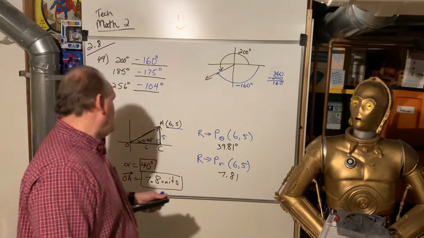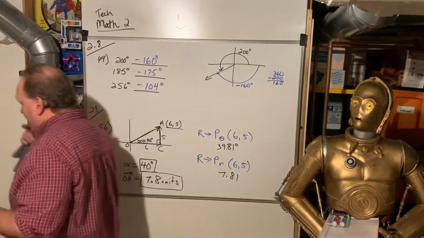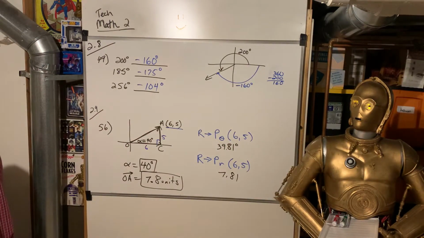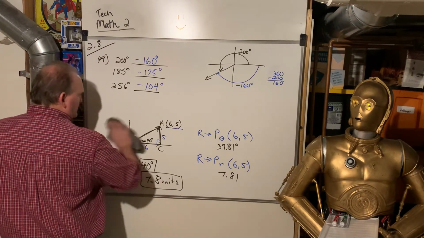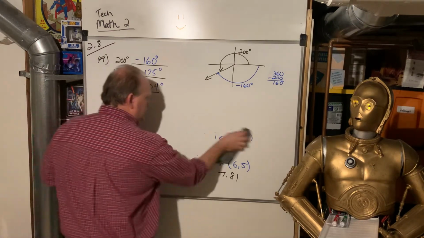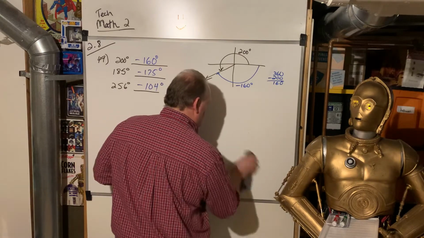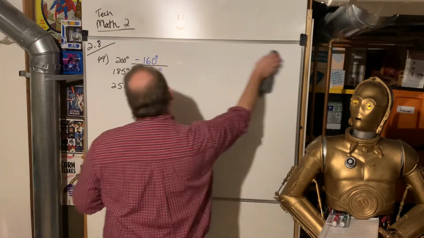All right, cool. Let's do one last problem on 2.10. Vectors on the axis. Okay, so look at 68. It's a quadrantal angle, so you don't really have to worry too much on this one.